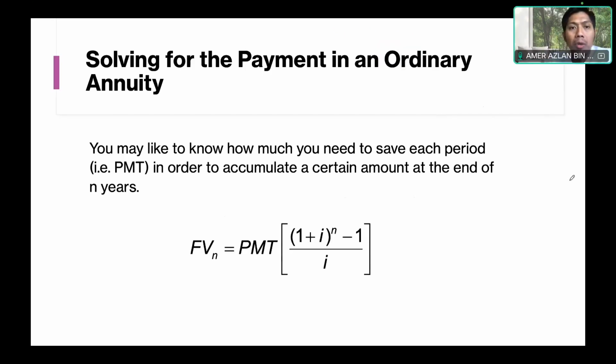Now, you may also want to calculate how much you need to save each period, or in other words, you want to find out the PMT in order to accumulate a certain amount at the end of certain years. So, in this case, we have the future value, the interest rate, and the number of periods, but we want to know how much we should save every period.